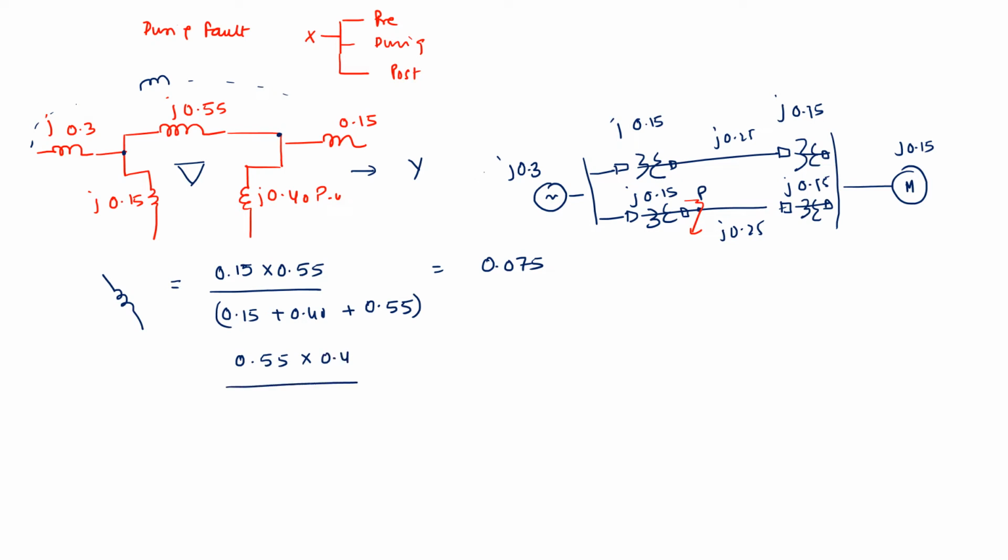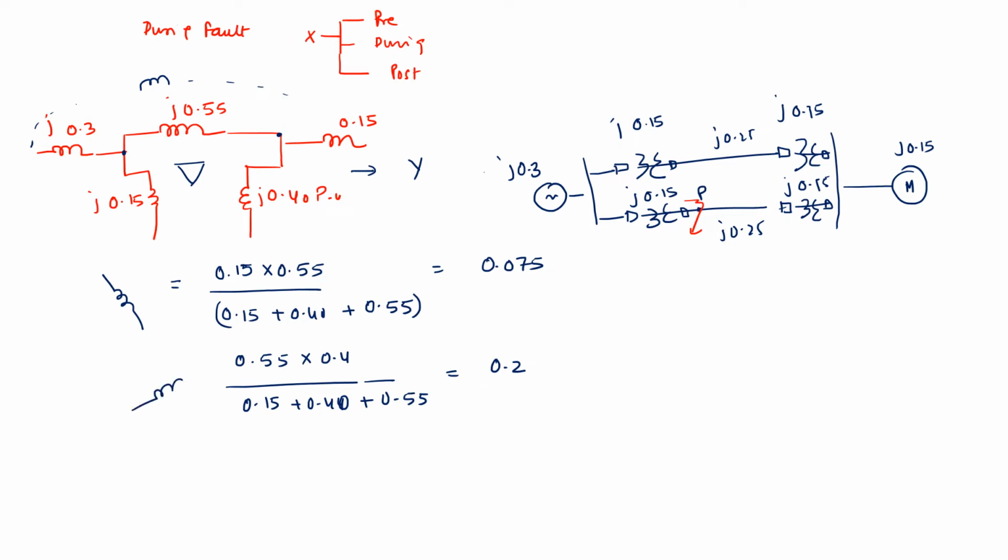Likewise, if I calculate this, it will be equal to 0.55 into 0.4 divided by 0.15 plus 0.40 plus 0.55, and it is coming out to be 0.2. Again we can also calculate this reactance.